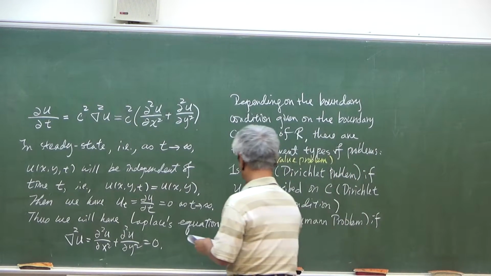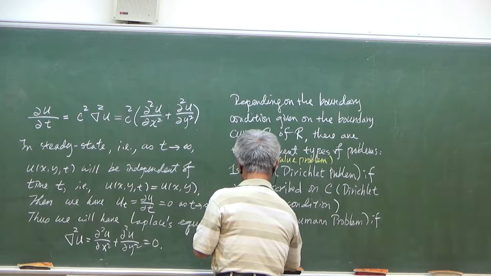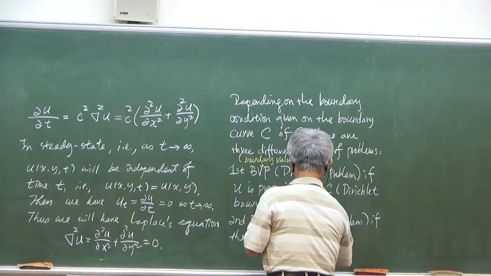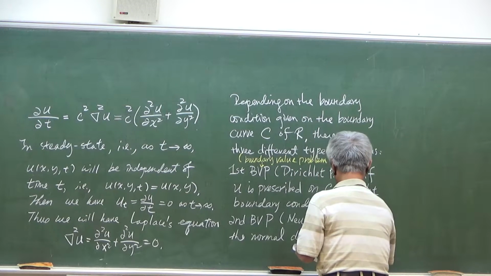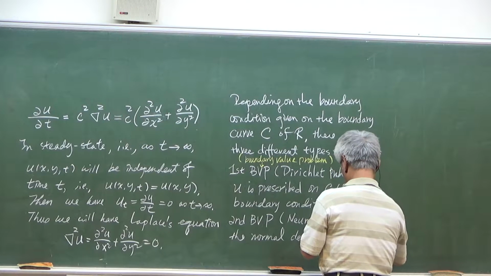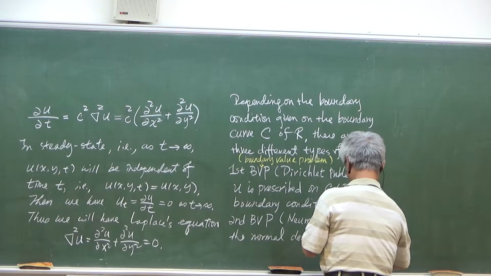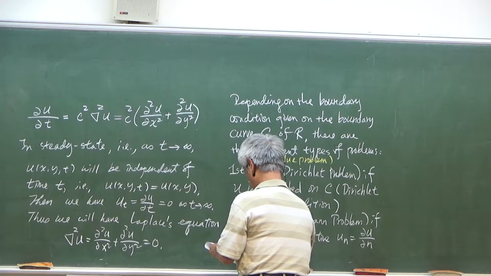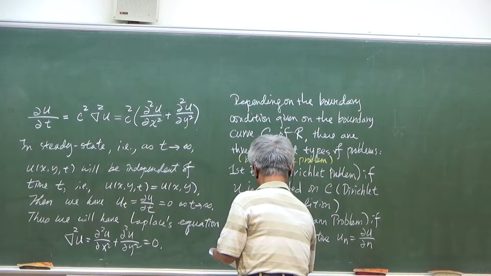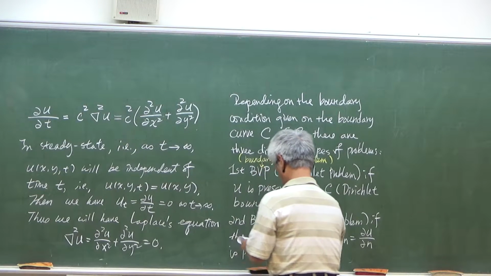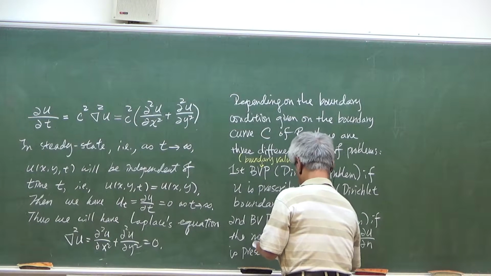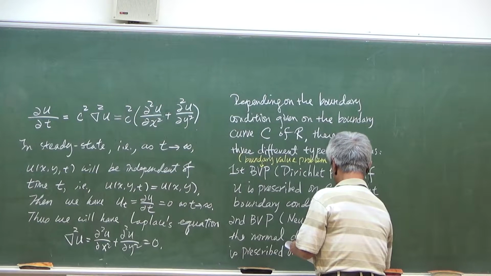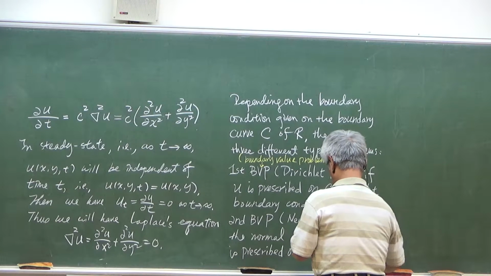Okay, if the normal derivative u_n, alright, is prescribed on C, so the boundary condition is called the Neumann boundary condition.